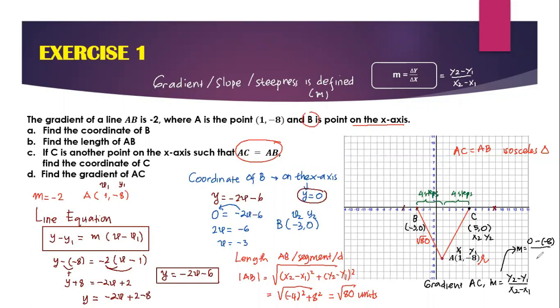Over x2, 5, minus 1. So we got the gradient is minus 8 divided by 4. Can you check that? The gradient of AC is minus 2. Correct?